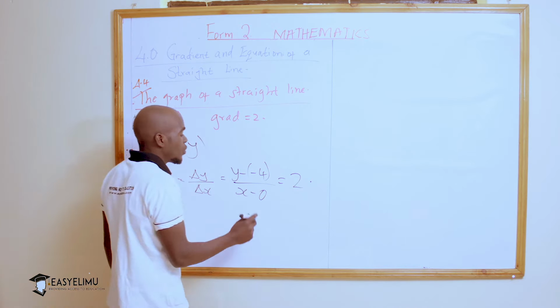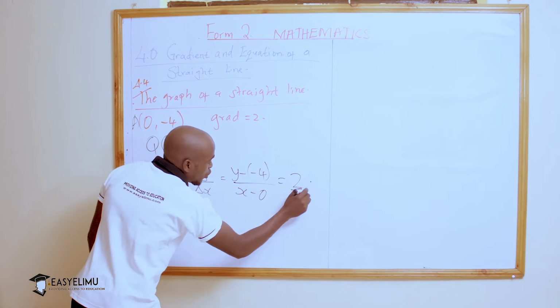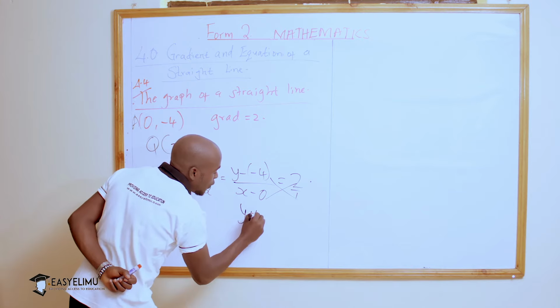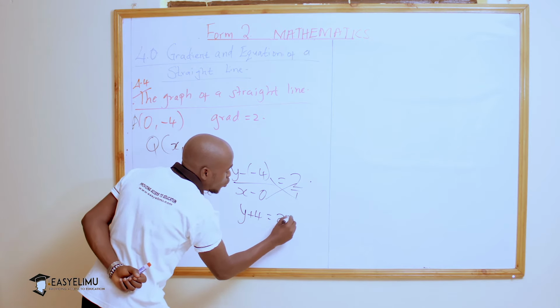If we cross multiply, we shall end up with y plus 4 is equal to 2x.